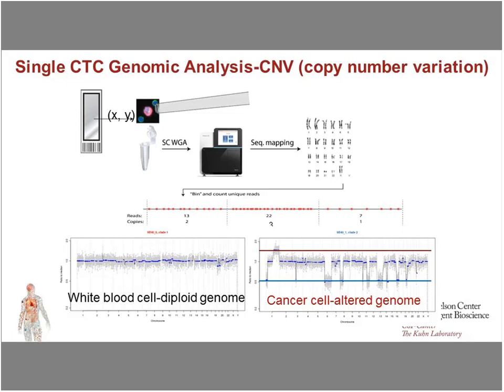So, two sample profiles are shown on the bottom for demonstration. The left one, the flat one, is the CNV profile of a white blood cell, which has a normal diploid genome profile.